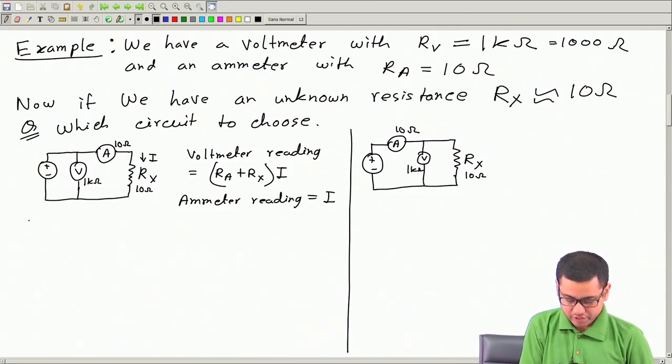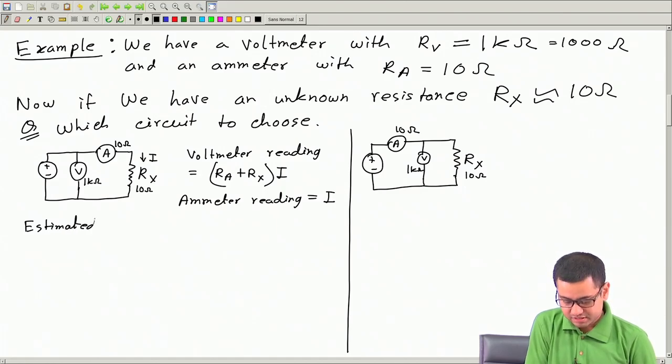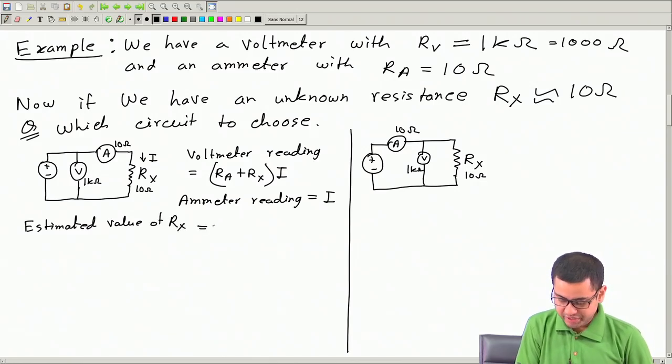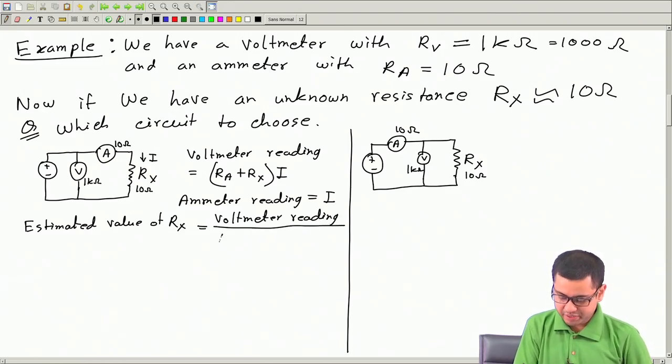Okay, so therefore the estimated or calculated value of Rx will be the same as the voltmeter reading divided by the ammeter reading.